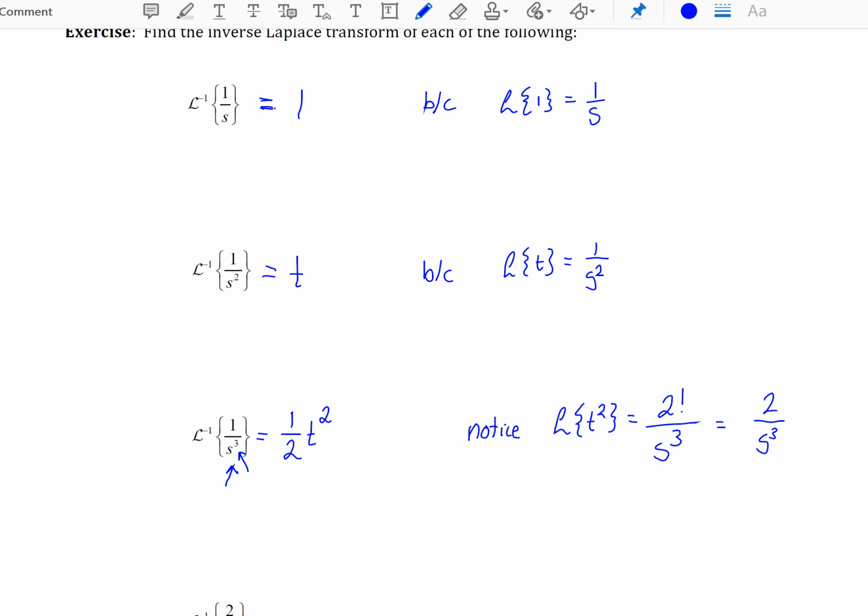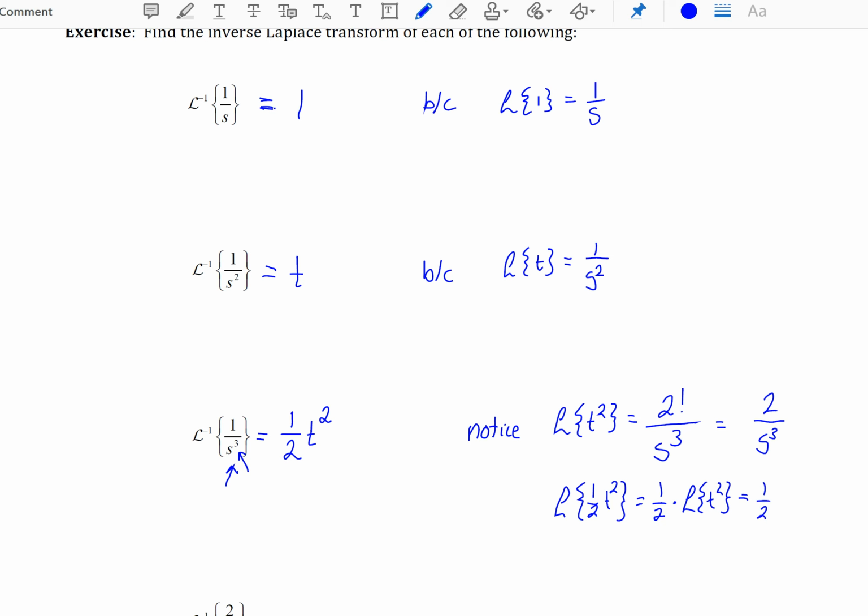So now you'd notice that the Laplace of 1/2 t squared would be the same as 1/2 times the Laplace of t squared, because the Laplace transform preserves scalar multiplication.